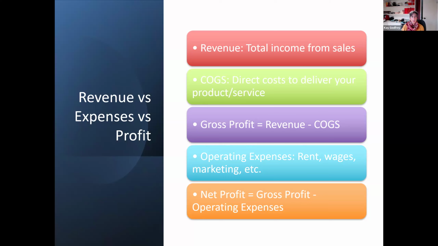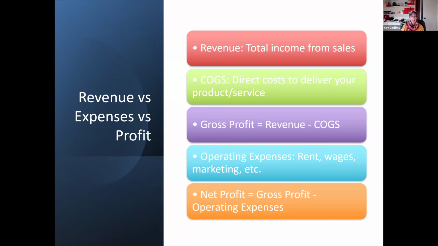Marketing, definitely an operating expense. Things like subscriptions that you might have or any online platforms you use, such as maybe Xero, accounting software, or things like Canva. A lot of people use Canva.